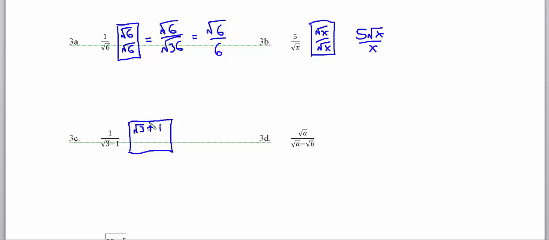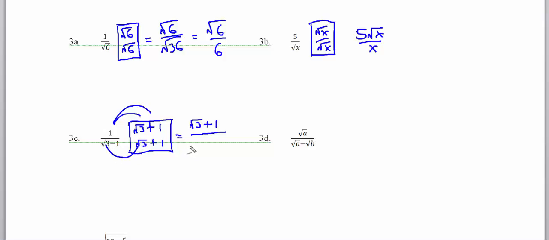Take the binomial and multiply by that binomial. Instead of a minus, use a plus. Now that's going to allow the denominator to simplify all of the radicals out of the problem. Now your numerator for this problem is pretty easy. I'm just going to write it down as square root of 3 plus 1, and I will change its order later. But let's now focus explicitly on the FOIL of the denominator.